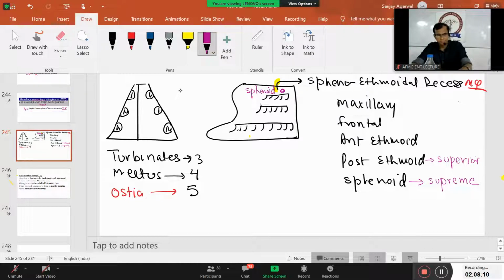Superior. Yes, this is posterior ethmoid. Very easy. At the top, supreme has sphenoid, below that is posterior ethmoid.